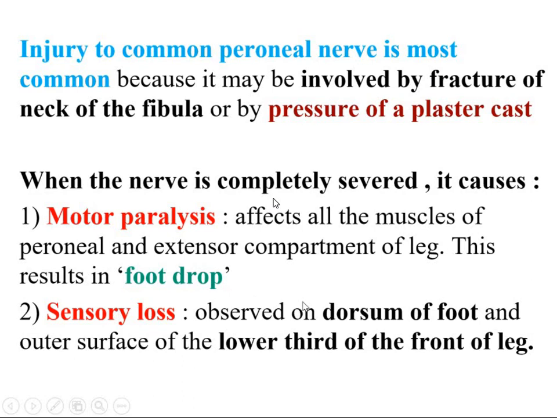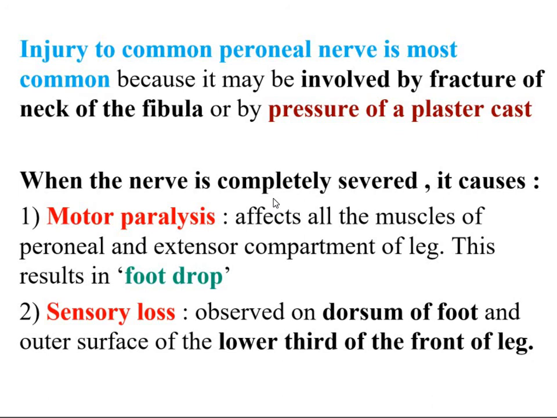Then we have the injury to common peroneal nerve. It is most common. और अब आता है इसका क्लिनिकल बेसिस. अगर मैं आपसे पूछूंगी तो when I was explaining common peroneal nerve, I told you in its lower relations it can be felt or rolled against the head of fibula, ठीक है.